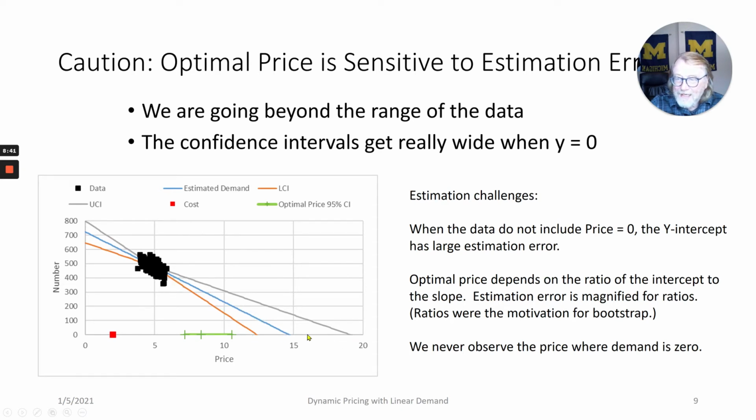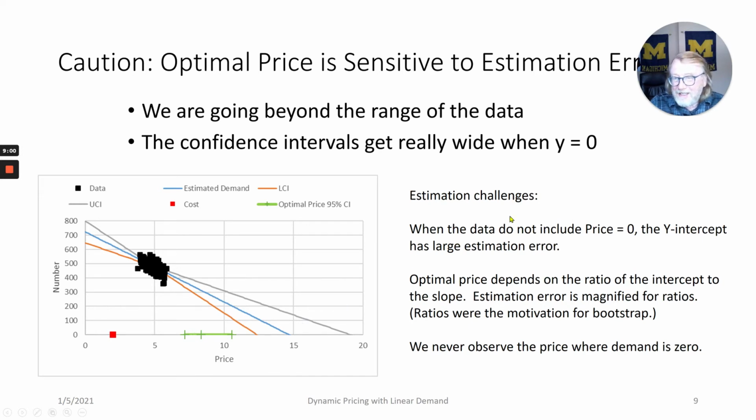And so they're very wide down here. And so actually, where it crosses the x-axis could be as small as the orange line or as big as the gray line with 95% confidence. And so when you translate that back to price, you get a wide range of possible prices for this, okay?